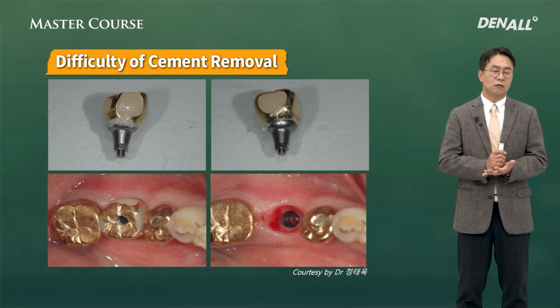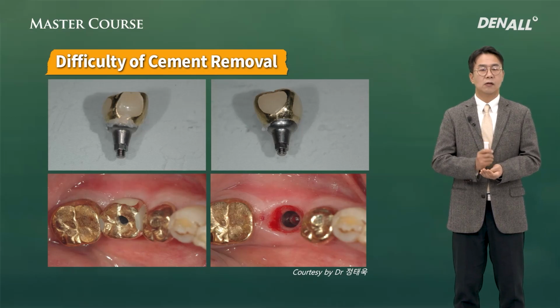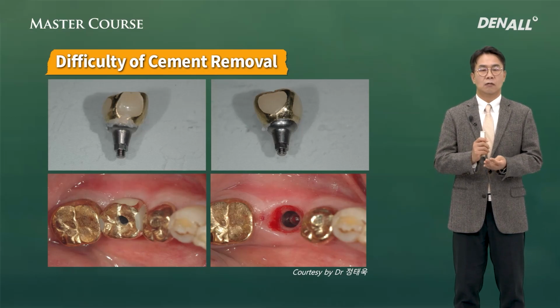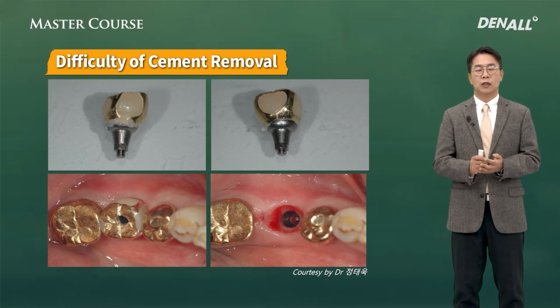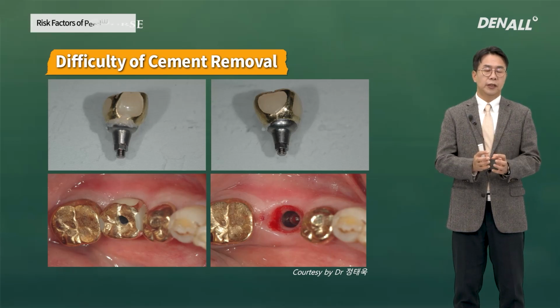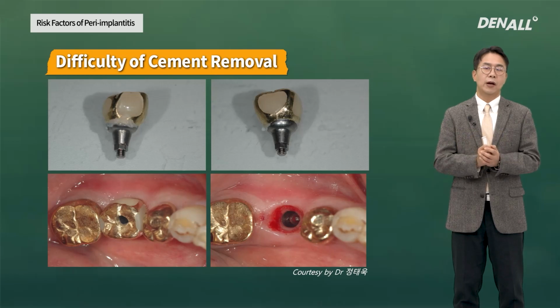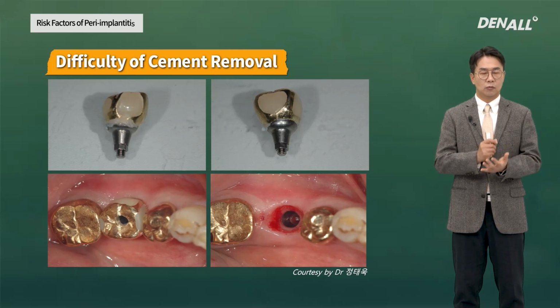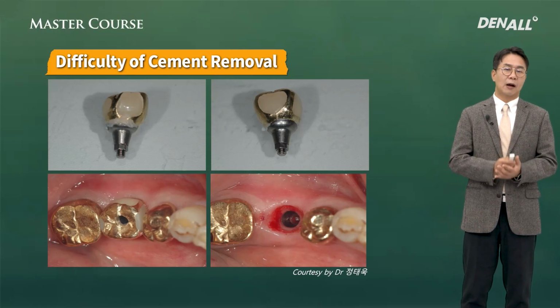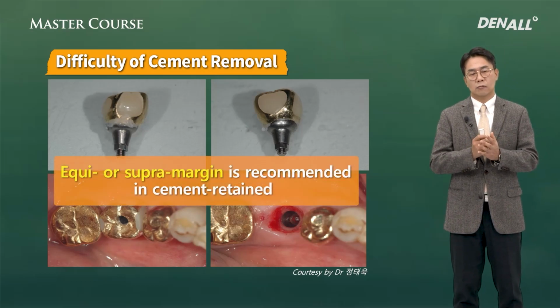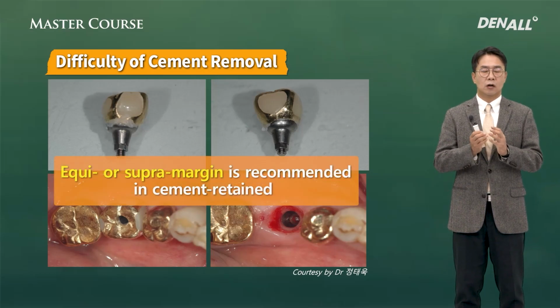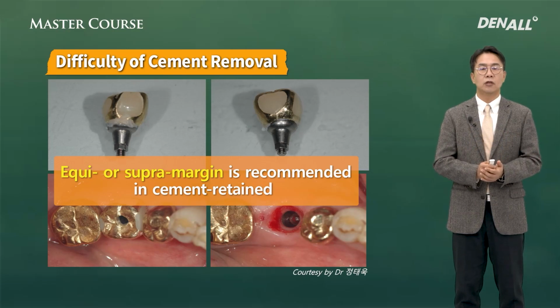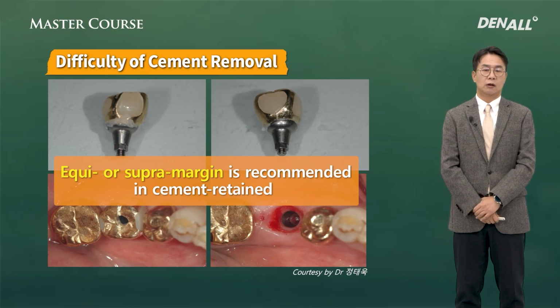So you need to find ways to remove the residual cement. You may fabricate a prosthesis combining cement retained and screw retained. Or prosthesis can be connected after removing all the cement extraorally first. Or gingiva margin can be made equi or supramargin so that cement can be removed.